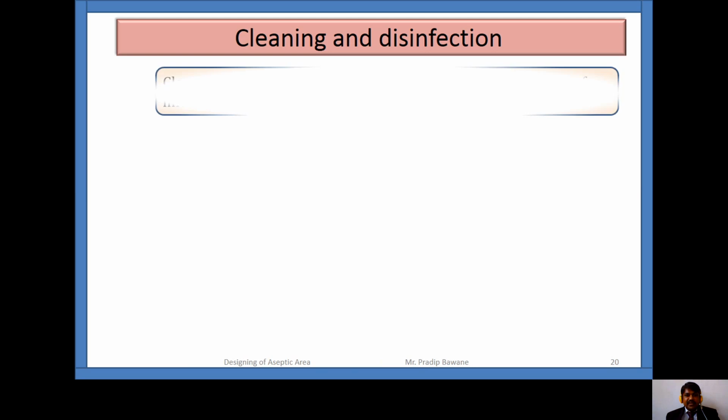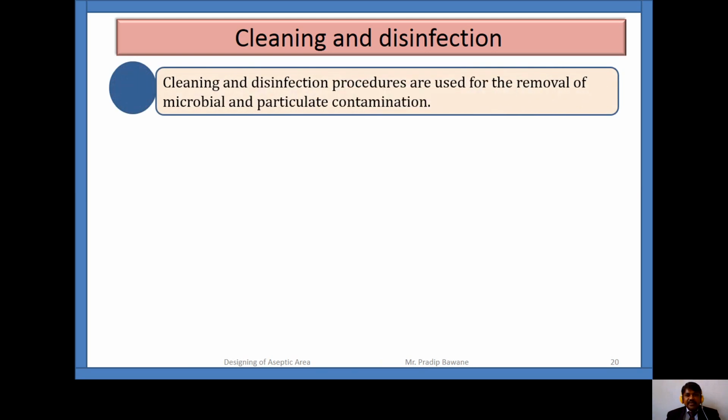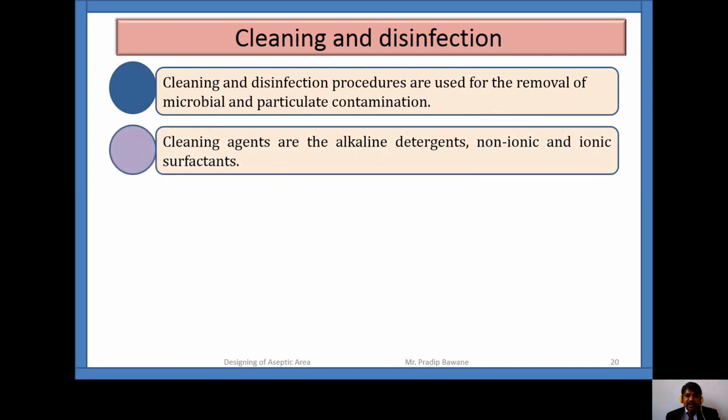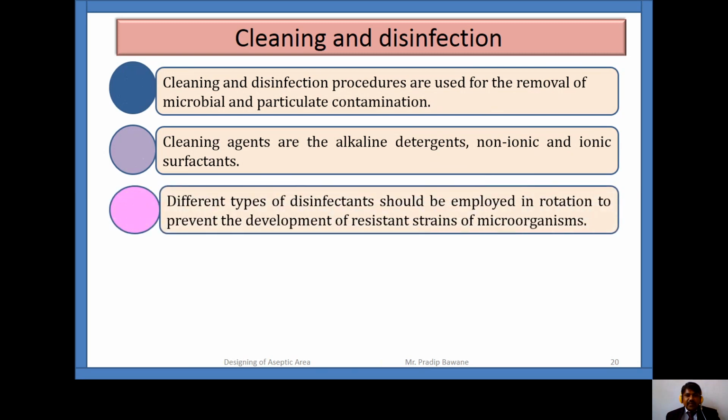Then cleaning and disinfection. Cleaning and disinfection procedures are used for the removal of microbial and particulate contamination. Cleaning agents we can use are alkaline detergents and non-ionic and ionic surfactants. Different types of disinfectant should be employed in rotation to prevent the development of resistant strains of microorganisms.